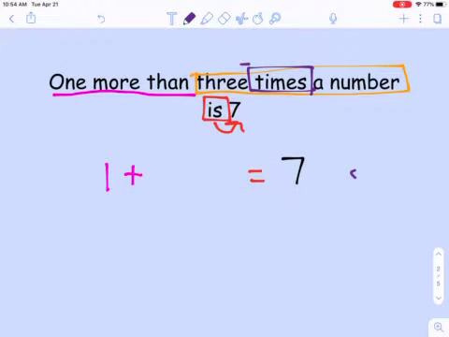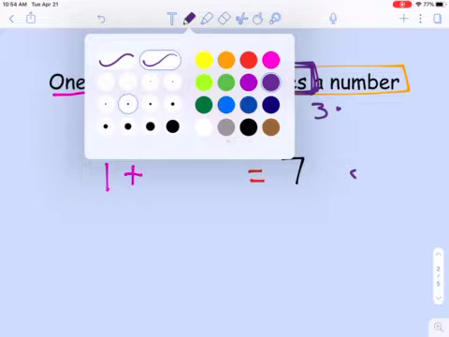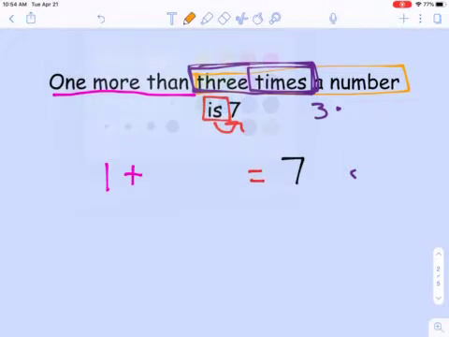So we've got 3 times this whole thing right here. I shouldn't have boxed it separately. 3 times, well, that would be basically 3 times something. And then the next part tells you, well, times what? And it says times a number. And remember, a number, that's our variable, right? That's our variable, is our number.